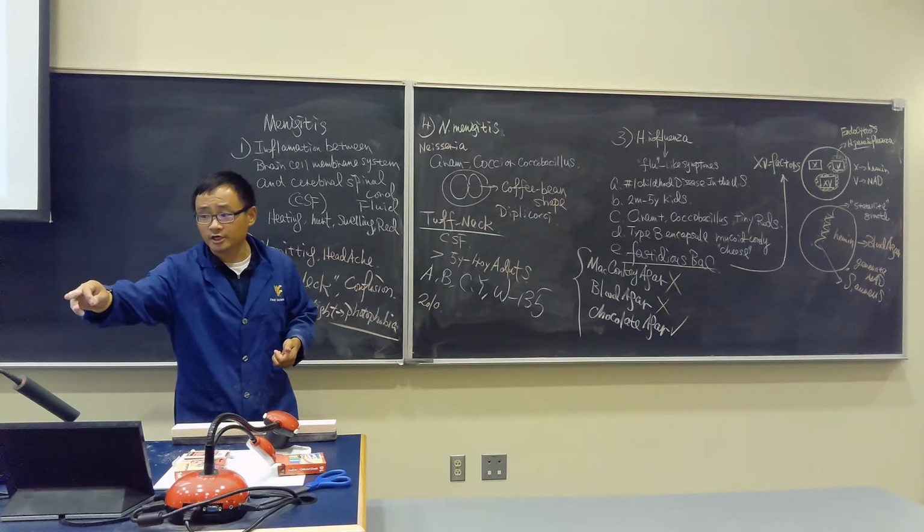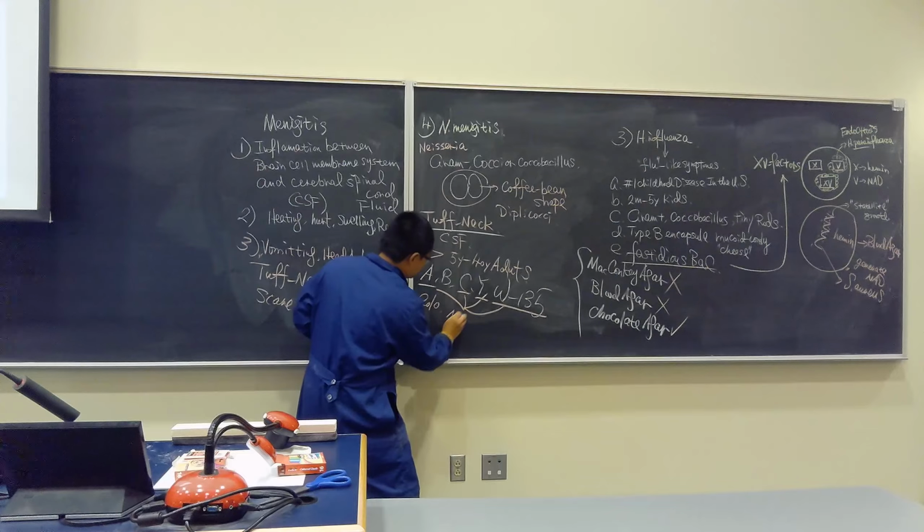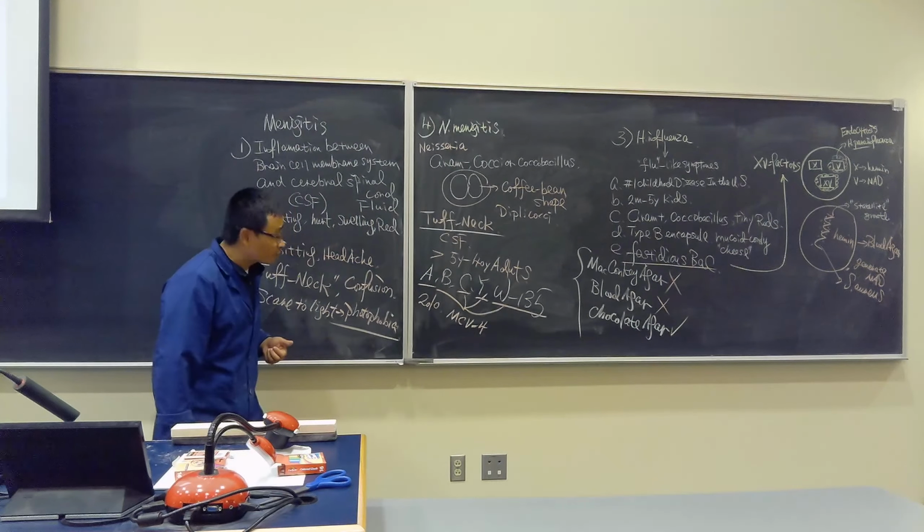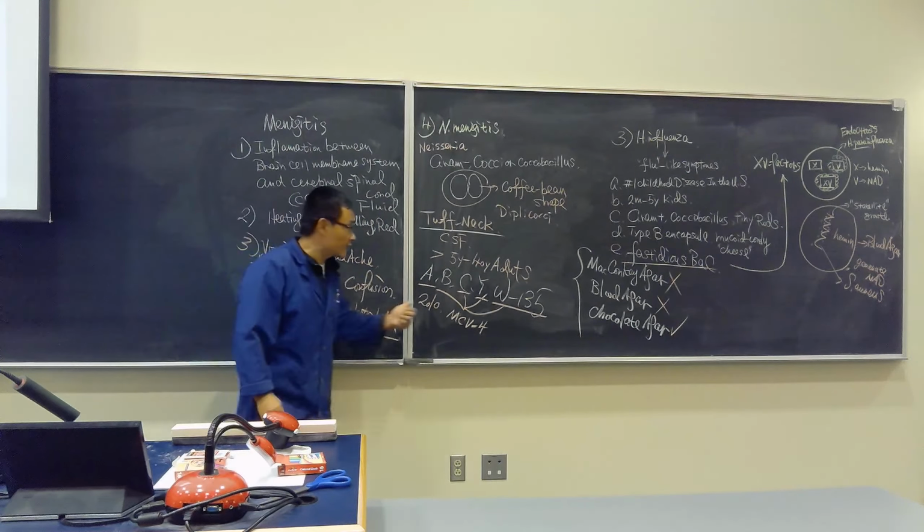They could cover A, C, Y, and W135, MCV4 for example. However, in the United States, the major serological type is B.